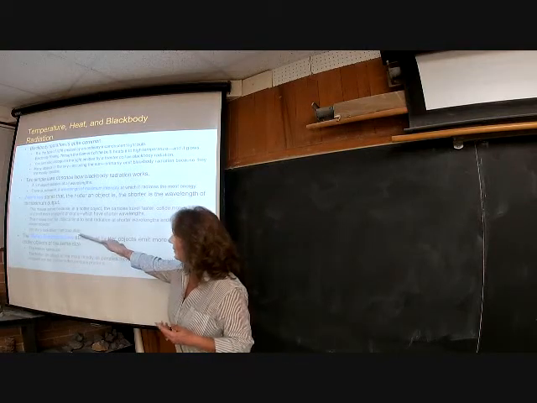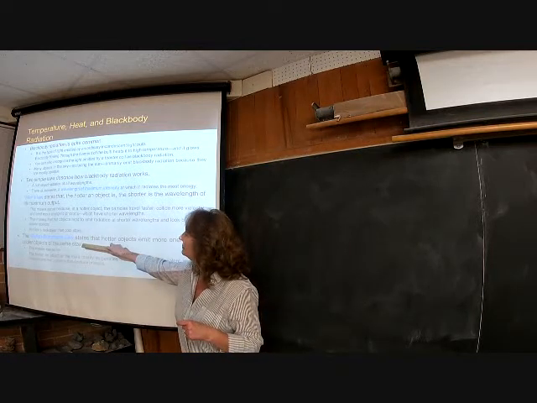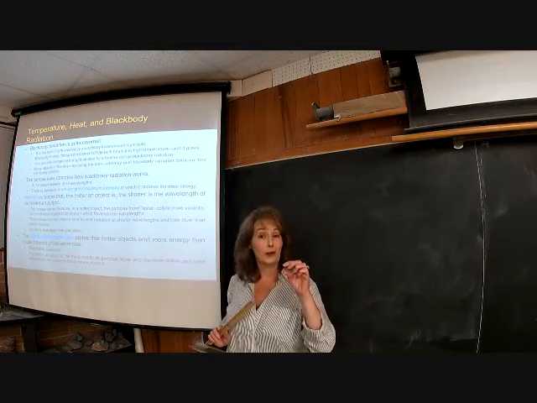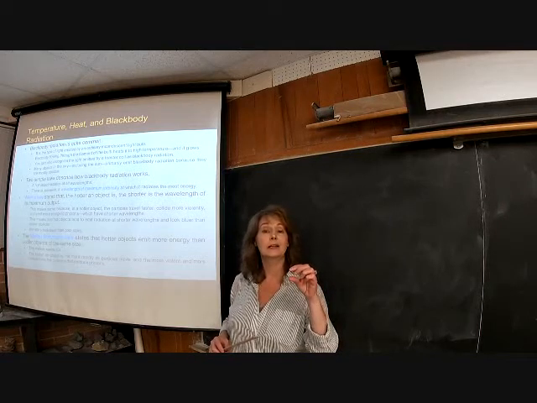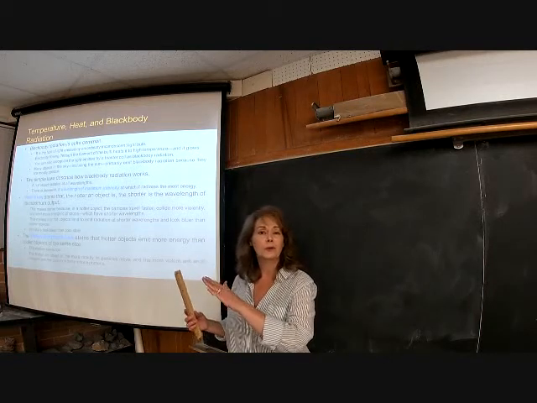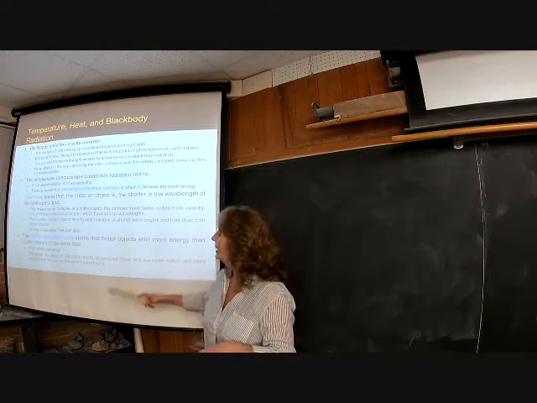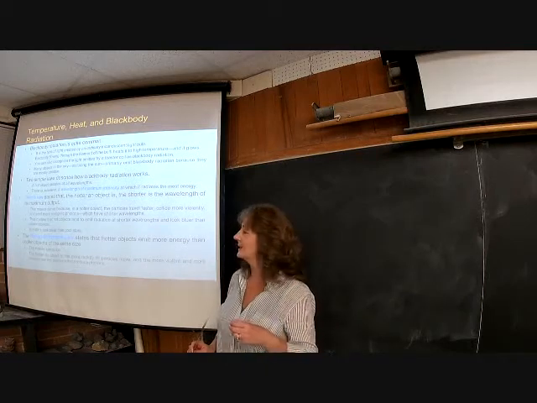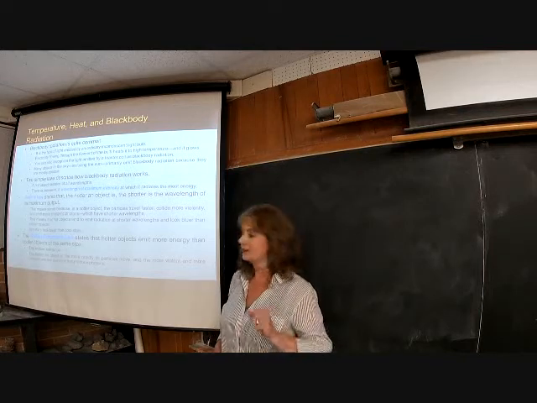Hot stars look bluer than cool stars, because of the wavelength, right? A hot star has a shorter wavelength, which on the visible spectrum would be towards the blue and violet end, versus a cooler star or cooler object, more towards the red or the longer wavelengths. So it would look kind of an orangey reddish color. So hot stars look bluer than cool stars. Here we're putting the colors with the temperatures now. That is a direct relationship to the wavelength.